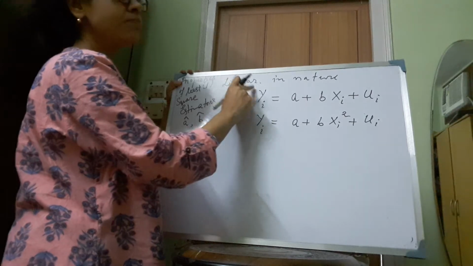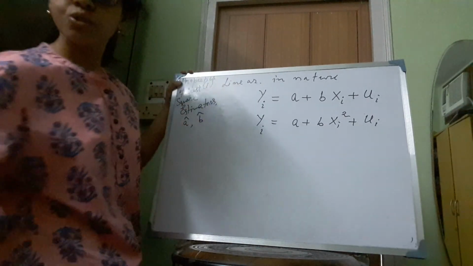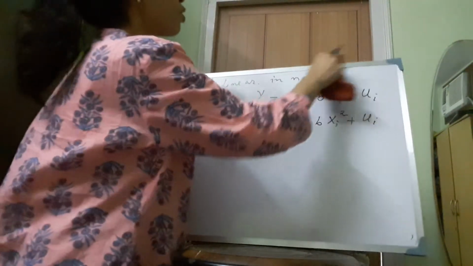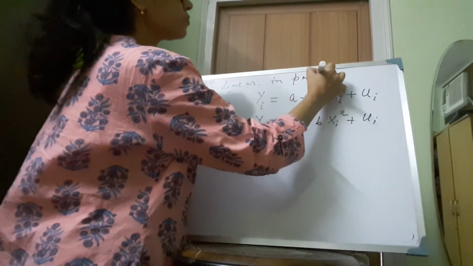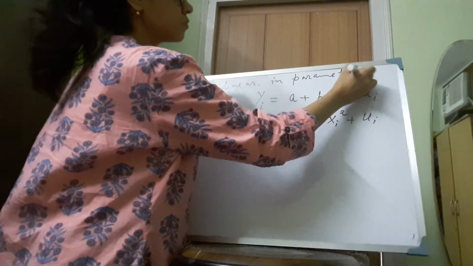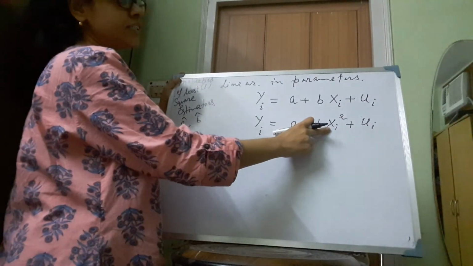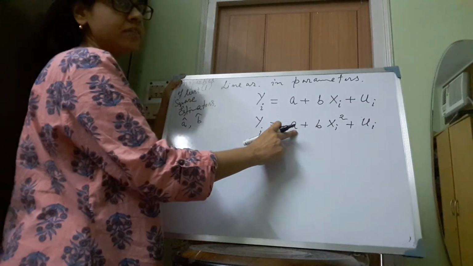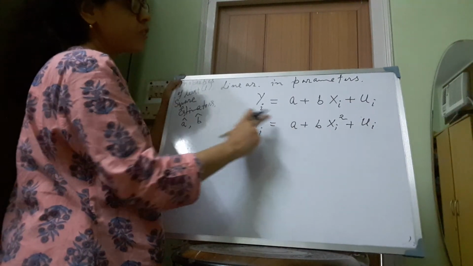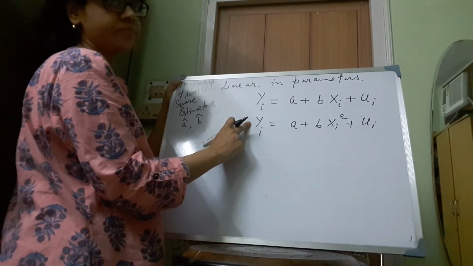So linearity means linear in parameters. So here we can write in the first property that it is linear in parameters. So here although we are considering the quadratic form of xi, but still A and B are linear in nature. So therefore this is a linear regression.